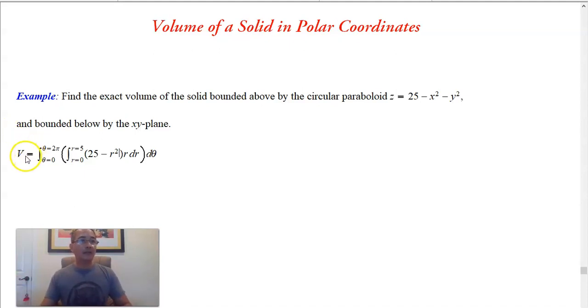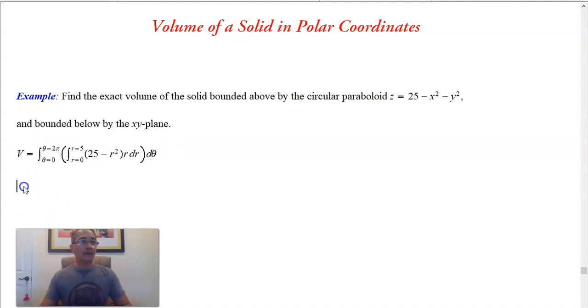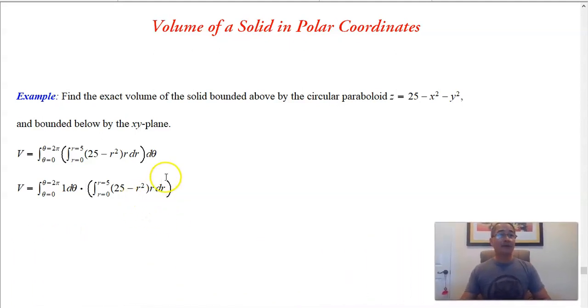So we can essentially do the same thing over here. We can write this as a product. We have d theta, and of course, think of it as a function of just constant 1. And then we will multiply by the second integral involving r. Both integrals are fairly easy to compute.